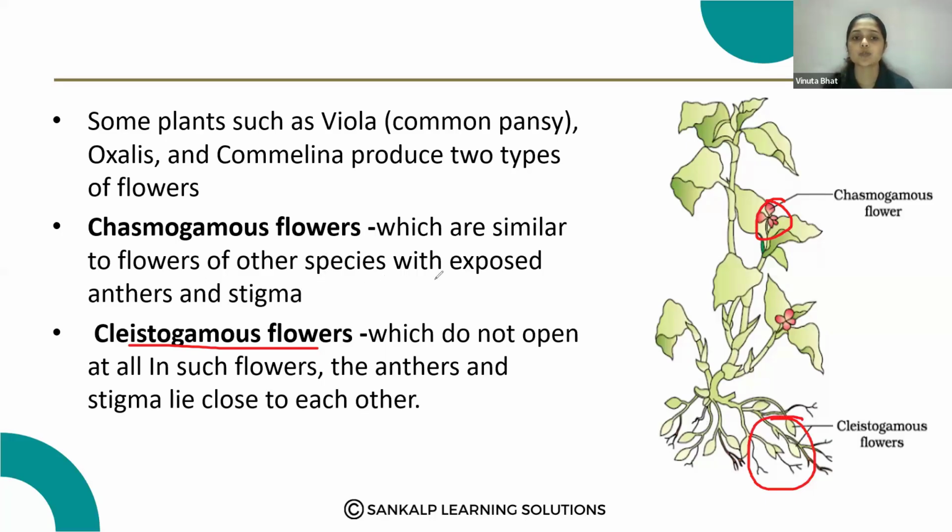These are flowers which have exposed anthers and stigma. But cleistogamous flowers do not open at all. In such flowers, the anther and stigma lie close to each other. So in cleistogamous flowers, there is no chance of cross pollination. There is self pollination, and there is autogamy in cleistogamous flowers.